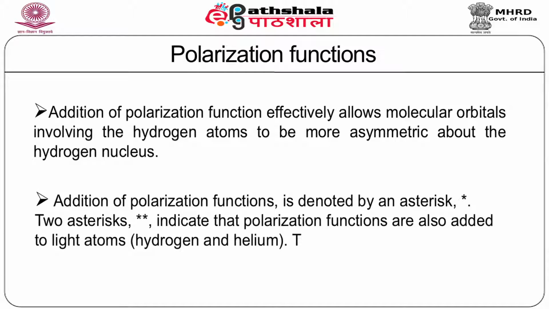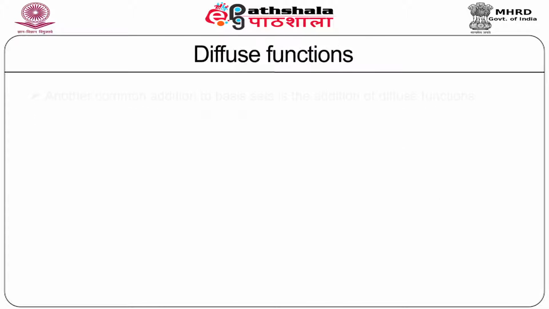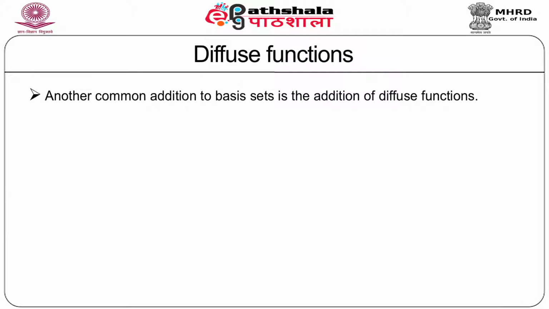Addition of polarization function in the basis is usually denoted by an asterisk, that's the star, and two asterisks denote the polarization functions are also added to light atoms like hydrogen and helium. Another common addition to the basis set is the addition of diffuse functions.